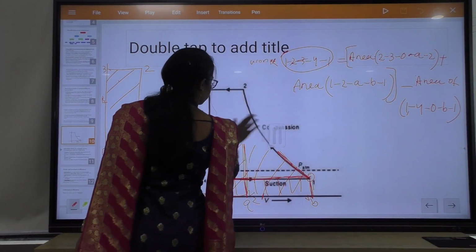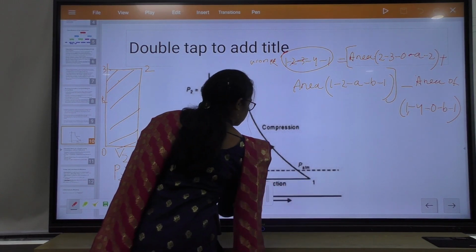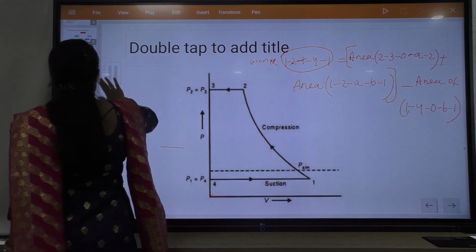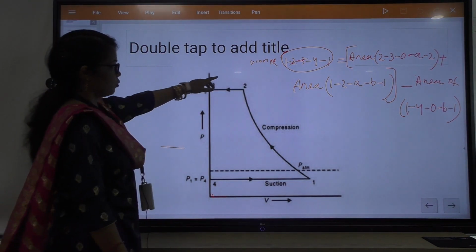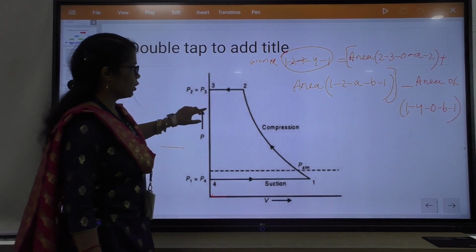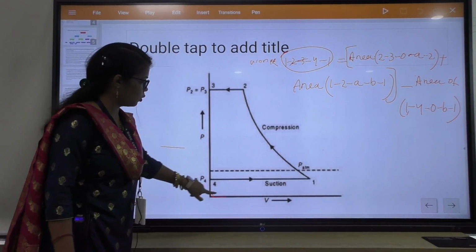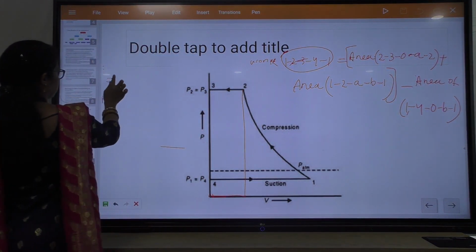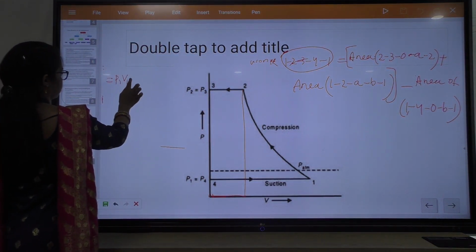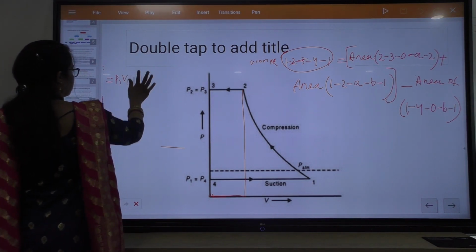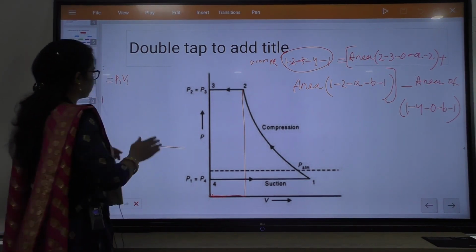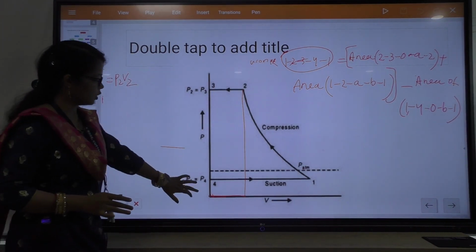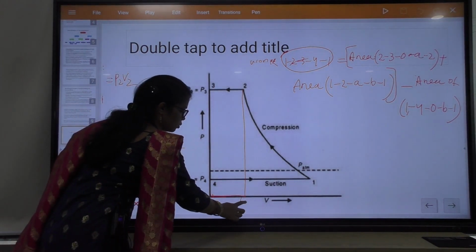So, how will we derive it? First, the area of 2, 3, O, A2, that is P1, B1. I told you that is P1, B1. Sorry, that is P2, V2. Pressure is P2 and volume is V2.